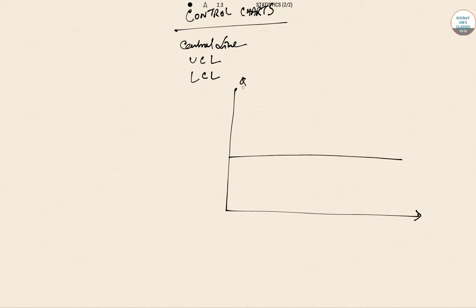So this is the quality scale. This is the UCL. And this is the LCL. This is the CL, or the average. And here, this zone is called the out of control zone.